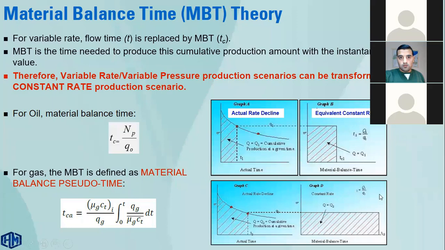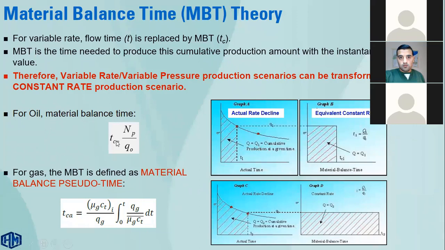So the flowing material balance will be used to get the equivalent constant rate. This term is the calculated time, the material balance time, to get the equivalent Q production in case of the constant rate solution.